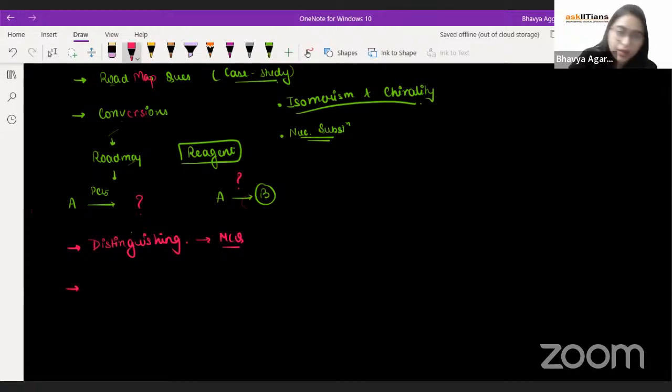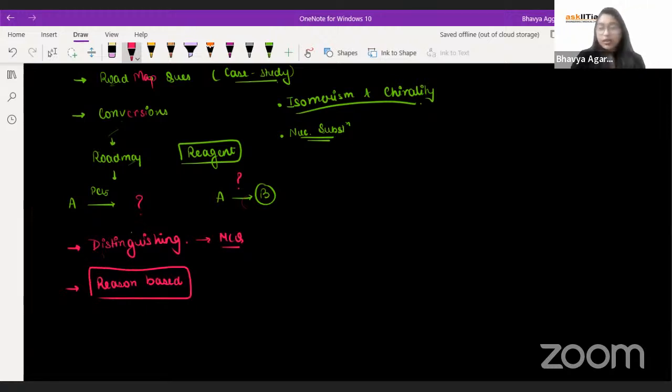Fourth are reason-based questions. Again, very common questions of CBSE. Till last year, when CBSE used to be purely subjective, they used to award 3 to 5 marks for reason-based questions from organic itself.